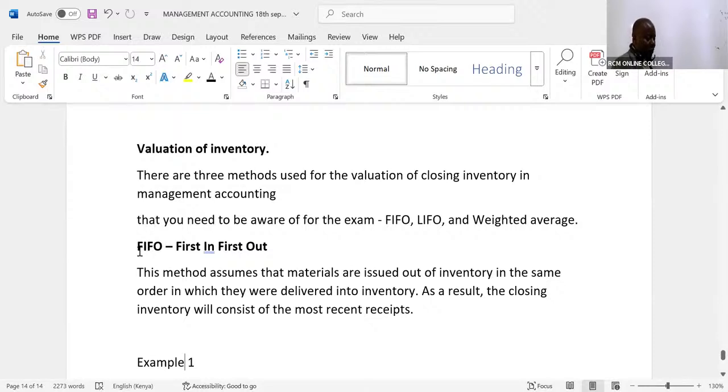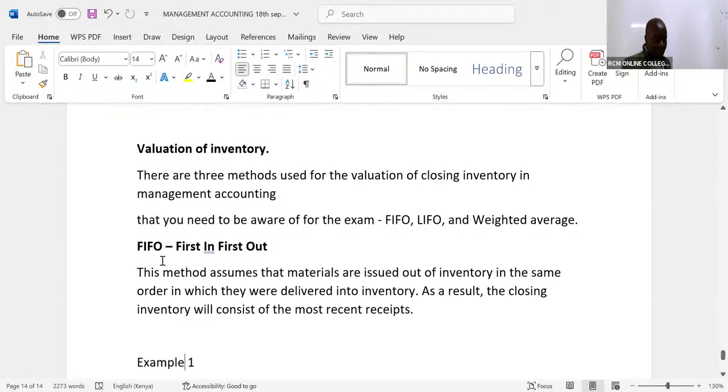There are 3 methods used for valuation of closing inventory in management accounting that you need to be aware of for the purposes of passing your exams. You can value your stocks or raw materials using FIFO, LIFO, or the weighted average method. We shall start with FIFO.